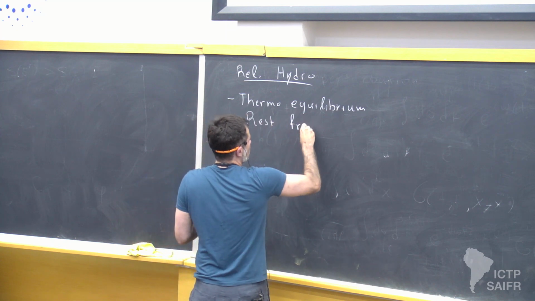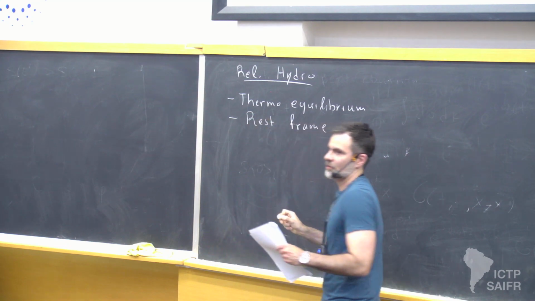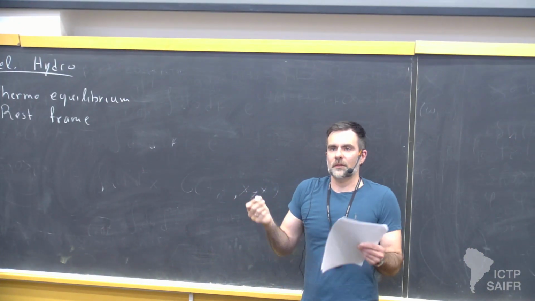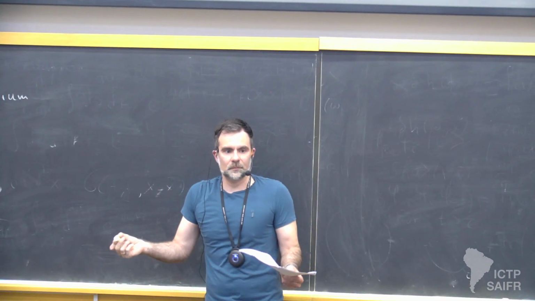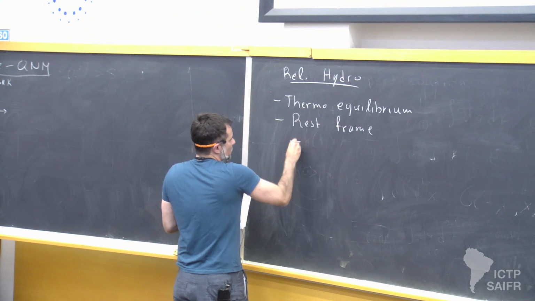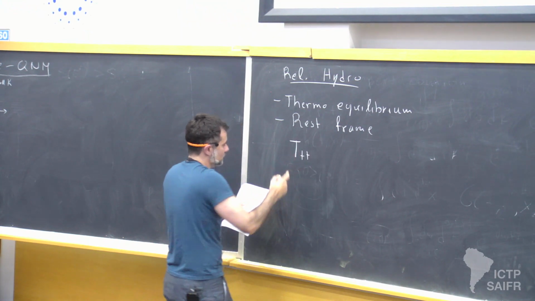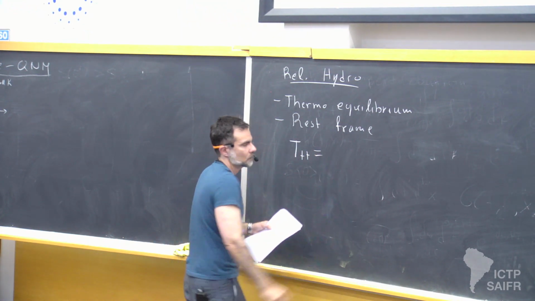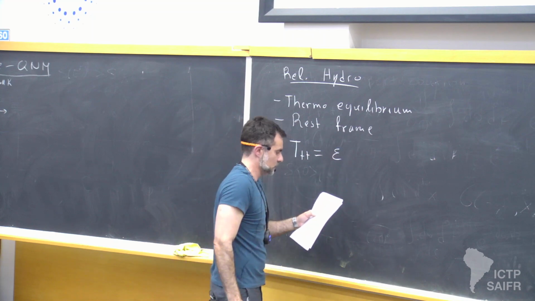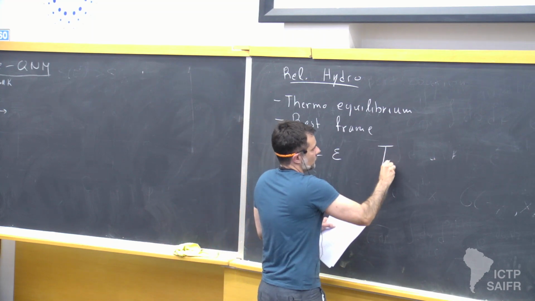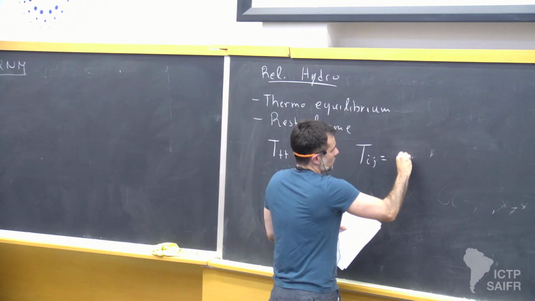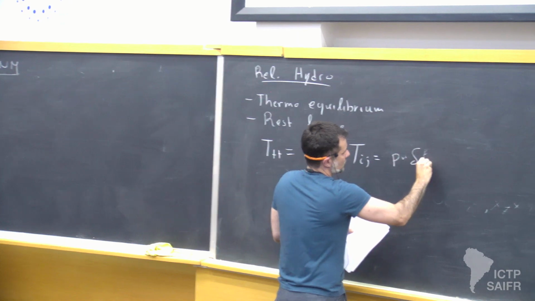Rest frame means basically that the system has 0 momentum. I can always pick a coordinate system where there is no net momentum in the system. So in the rest frame, the TT component of your stress tensor will be the energy density epsilon, and the IJ component of your stress tensor will be the pressure times delta IJ.